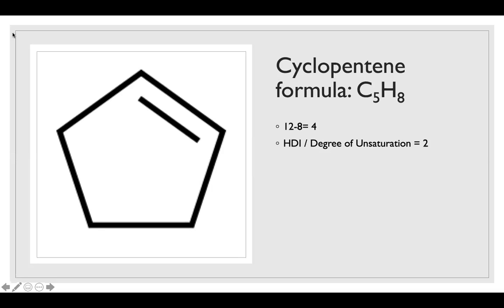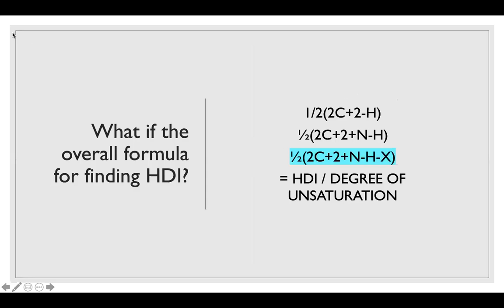So there is an overall formula for finding HDI, and that's what we're going to look at next. The most basic formula for finding your hydrogen deficiency index is 1/2 times our 2C plus 2, and if we remember, that's what we use to find how many hydrogen are needed for full saturation.